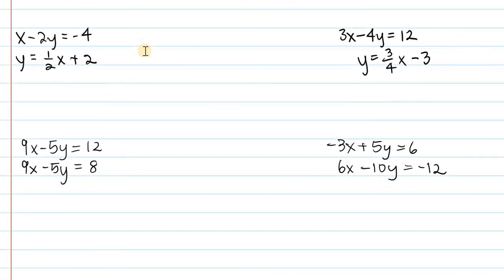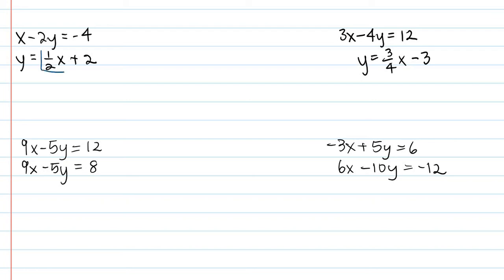So let's start on the left here. We have two equations, a system of equations. The first is in standard form, and the second is in slope-intercept. So in order to solve these, I'm going to choose to use substitution because I don't have to rearrange anything.